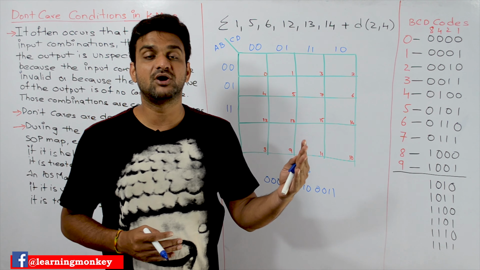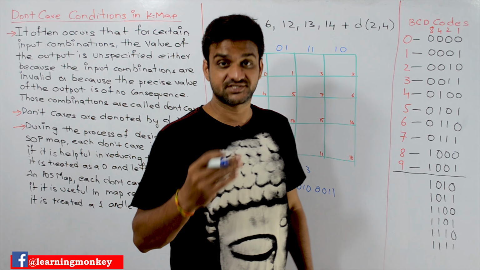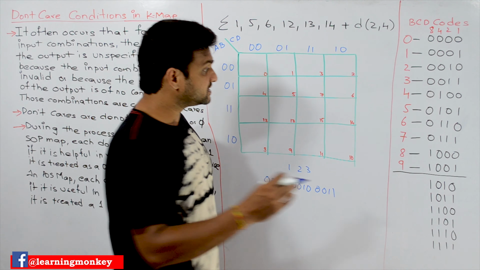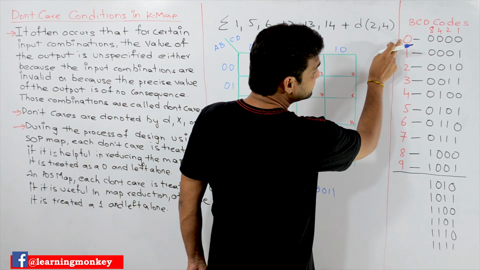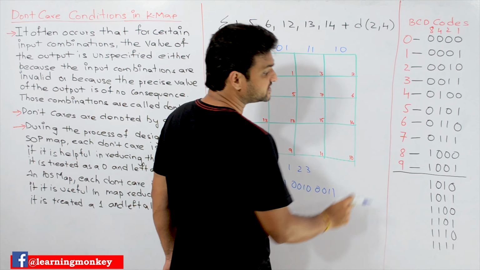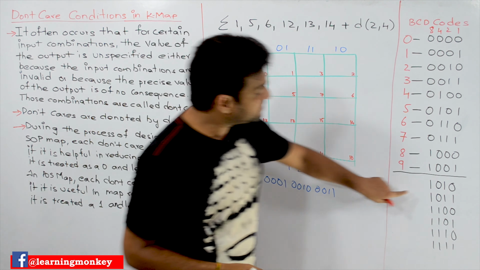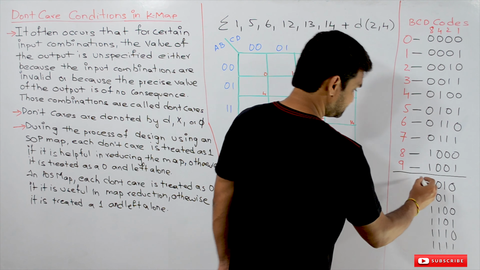With 4 bits, the number of inputs possible is 2 power 4, which is 16. But to represent the decimal numbers, we have only 10 unique symbols. But what about these symbols?